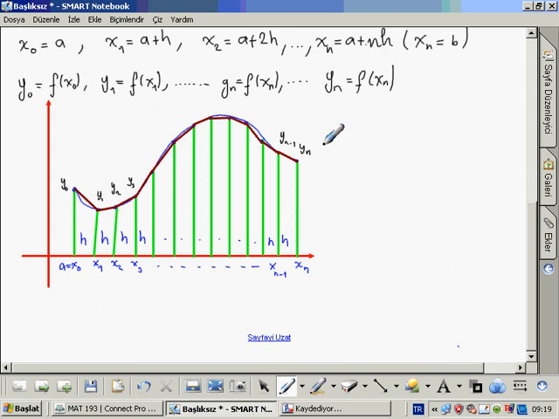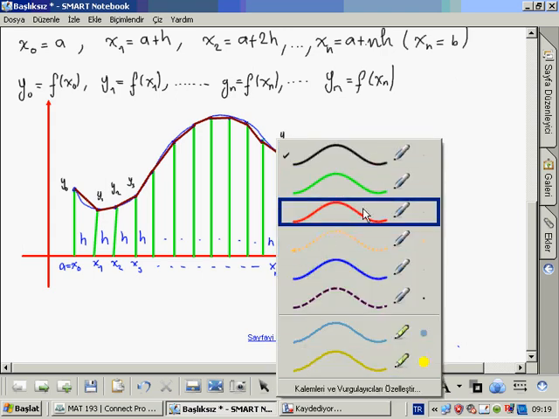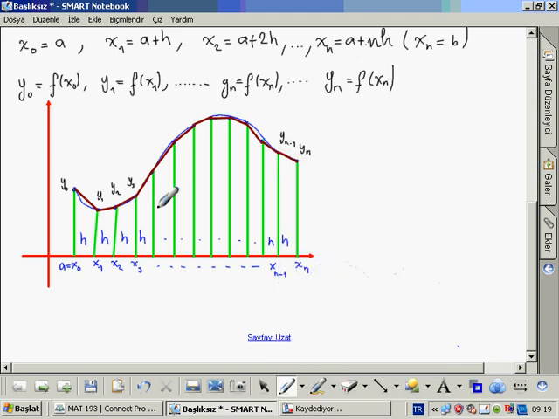Let's zoom in, for example, on this line.